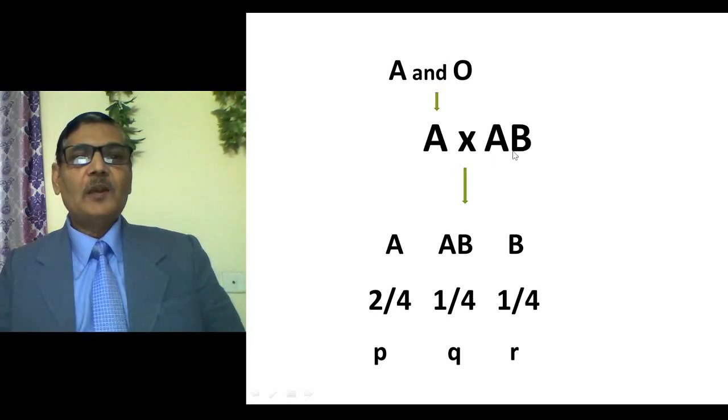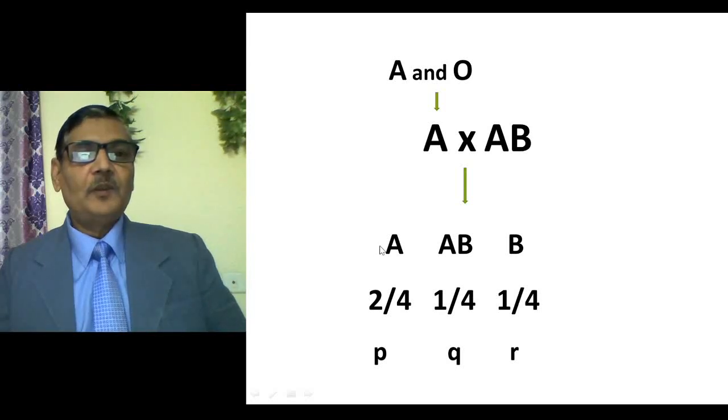And when he gets married to the woman AB, then in the next generation the blood groups in their children will be of A, AB and B types. But what would be the chance of A blood group in the children?